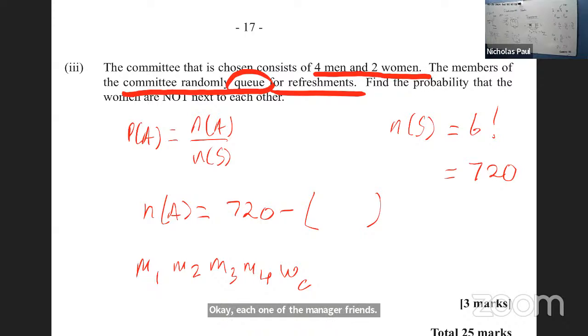So when you treat the women as one, each man different, it will be 5 factorial. So it's 720 minus 5 factorial. Does it matter if the women are together? When the women are together, if we switch them around, it matters. In this case, they just want the probability of the women not being next to each other.